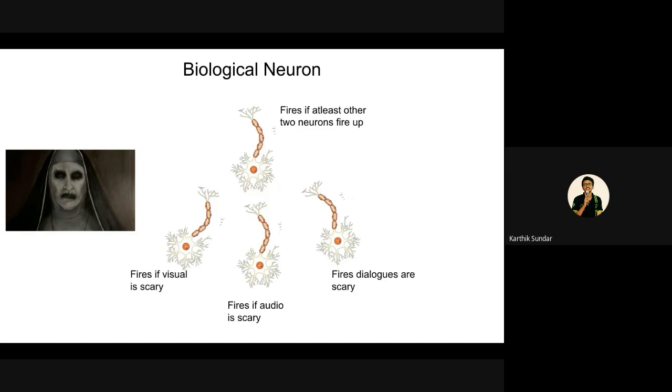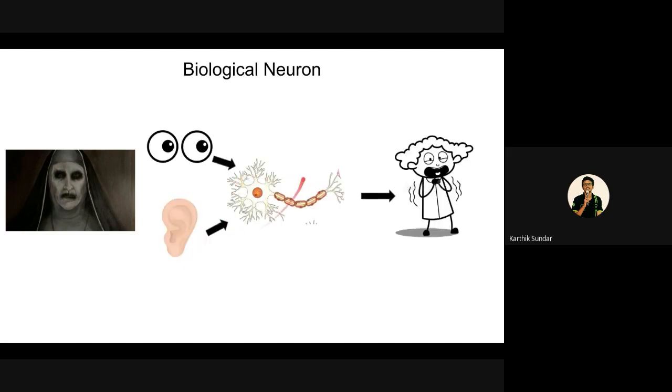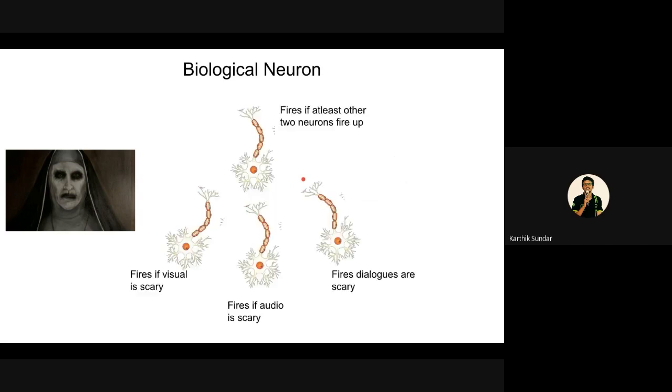This is a very simplified model of a human neuron. Obviously, we don't have a single neuron that's going to determine whether we are afraid or not. There can be a network of neurons. Let's say this particular neuron fires only if the visuals are scary, and this one fires only if the audio is scary.